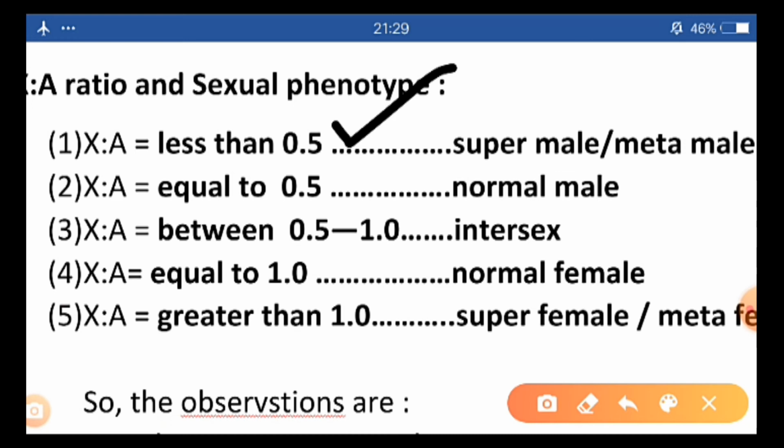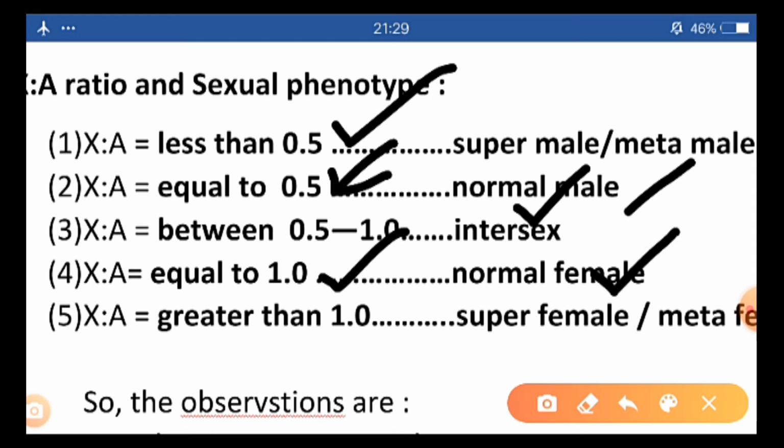Okay, and that will be super male. And if the index is equal to 0.5, then it will be normal male. And if it is in between 0.5 and 1, then intersex. Again, if it is 1, then it will be normal female. And if it is greater than 1, then it will be super female.